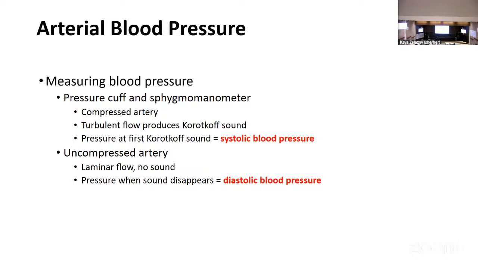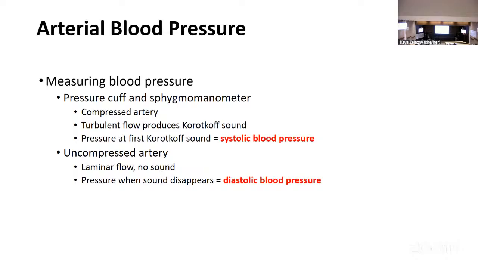Now we're going to keep easing off the pressure in our blood pressure cuff because we are also trying to figure out when we hit our lowest pressure, what's our minimum pressure in that artery. So what we're looking for is when do we hit the point where the pressure in that artery is always more than the pressure in the cuff?